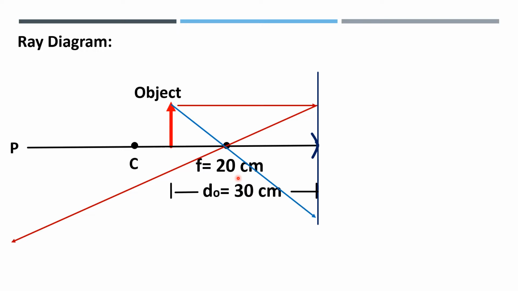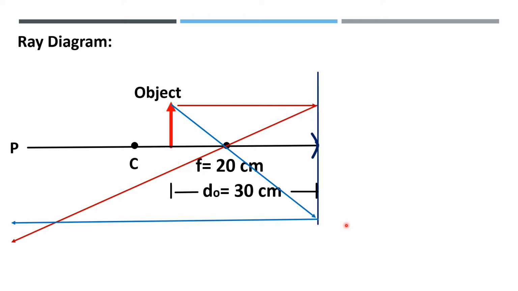Something like this. So the blue incident ray is passing through the focus. When it hits the mirror, it will be reflected in such a way that the reflected ray becomes parallel to the principal axis. So, we also draw the reflected ray.